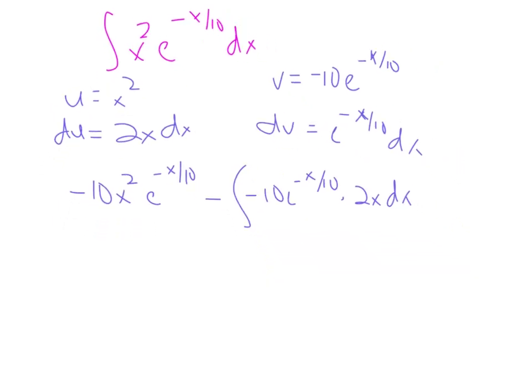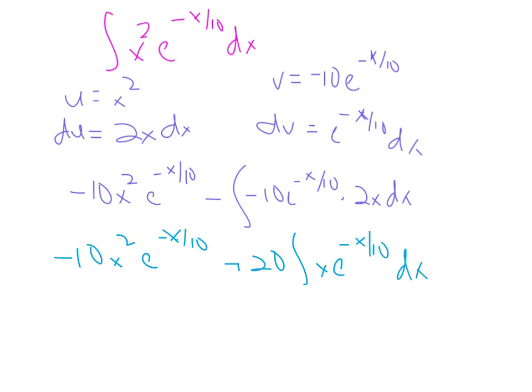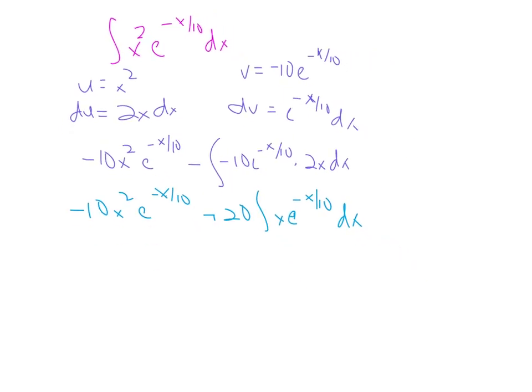Let's go ahead and simplify what I have. So I have negative 10x squared e to the negative x over 10 plus, that's going to be 20x e to the negative x over 10 dx. Now I could steal from my prior work, but I'm going to go ahead and show you.